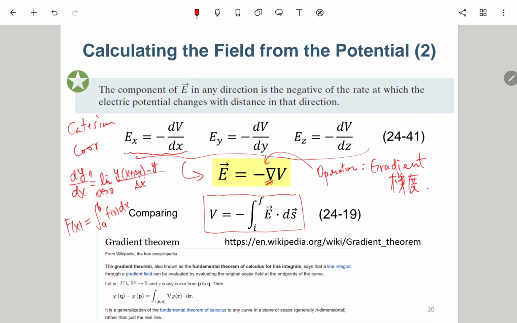At the beginning, this integration should be a Riemann sum. I don't try to write it out fully, but the definitions of the integration and the derivative are totally two different things. But finally, it tells you that for the integration you can just use the antiderivative to make it easier.